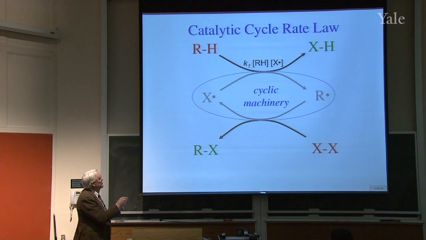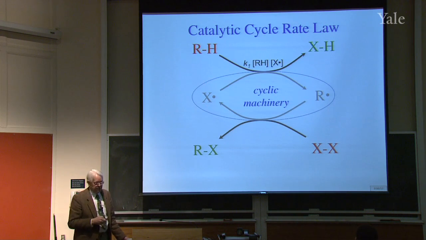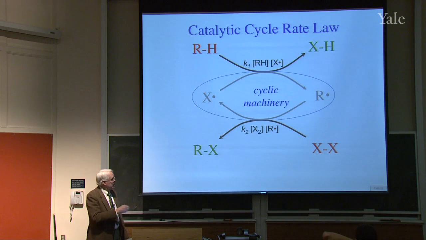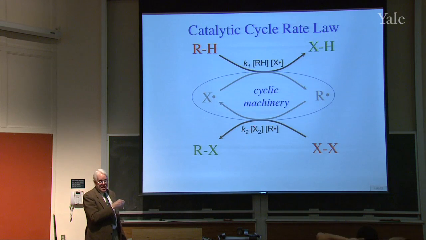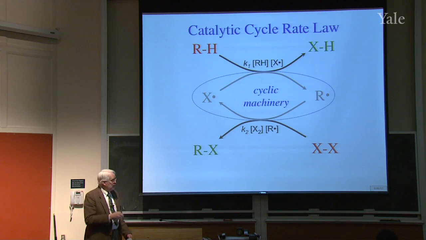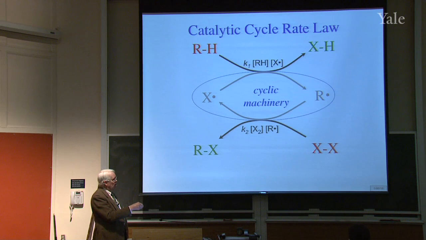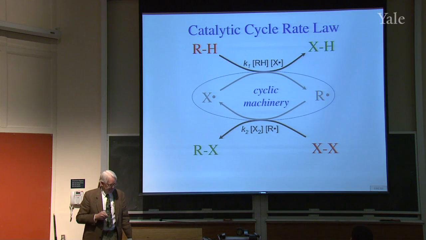The first step has a certain rate constant, and of course the rate then multiplies that rate constant by concentrations to get a rate. And the two reagents are RH and X dot. Okay. Then there's the second step, which has some other rate constant, K2, and its starting materials are, in this case, the dihalogen and R dot.